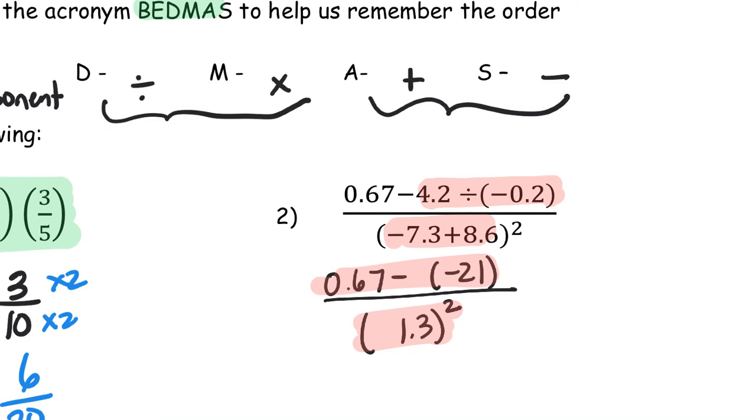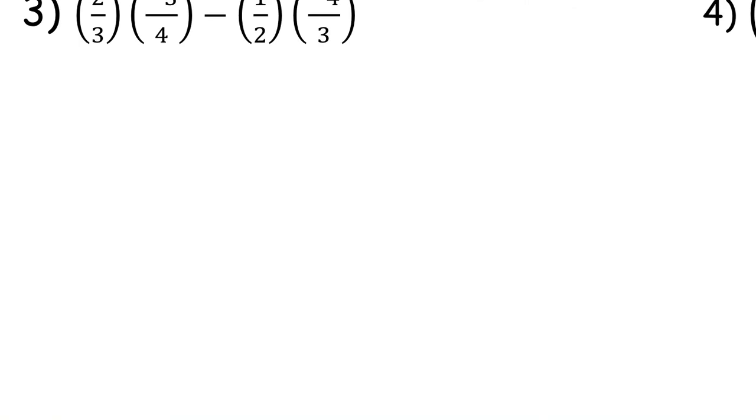So 0.67 subtract negative 21 on my calculator gives me 21.67, and 1.3 squared is 1.69. And lastly, I can just divide those two decimals. Now we're going to give our answer to the nearest tenth, because in the original question, most of them were given to the nearest tenth. So that's 12.8.